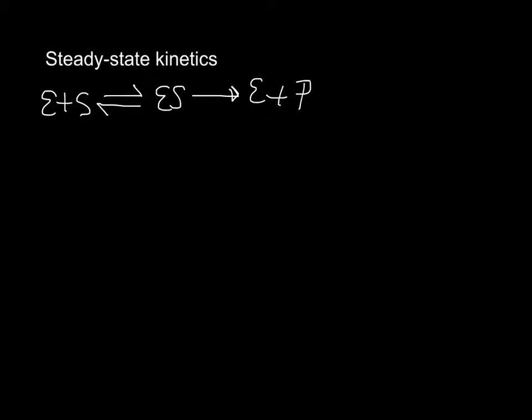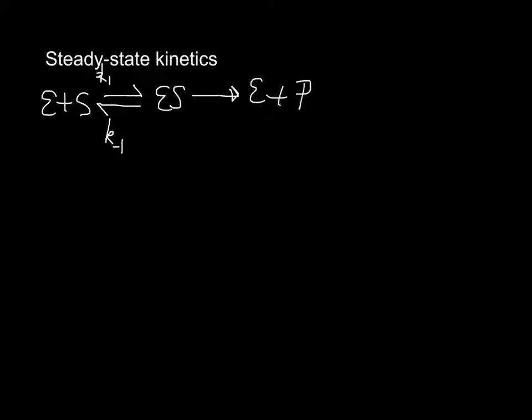Now, each arrow can be described by a kinetic rate constant. Remember, those are lowercase k's. If it goes in the forward direction, it gets a positive subscript. So that's k1. If it goes in the backwards direction, it's given a negative subscript, so k minus 1.